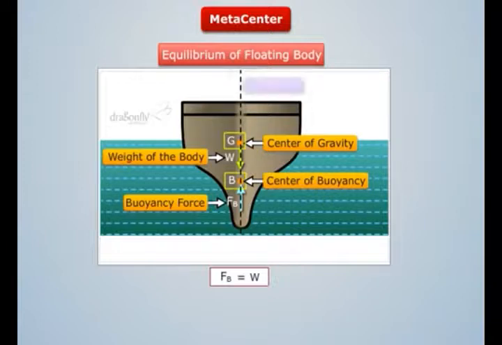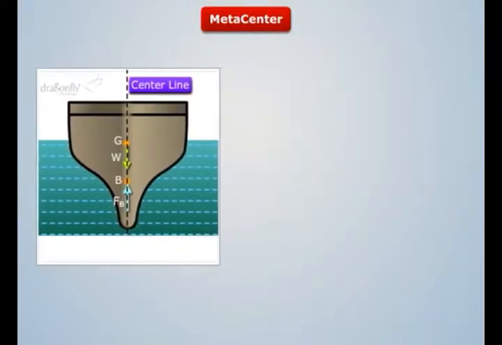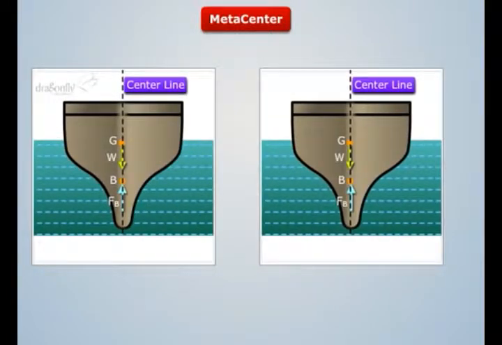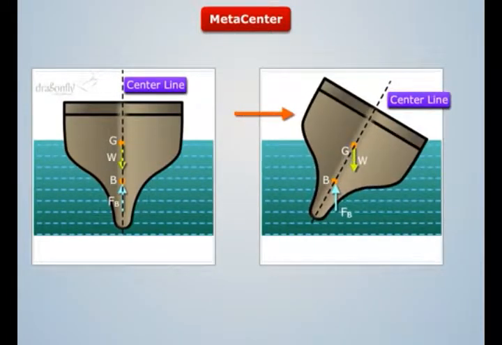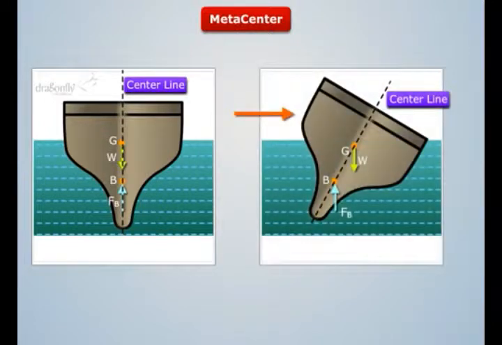Now, if a body undergoes an angular displacement, say in the rightward direction, then we see that the volume displaced is larger on the right side. Thus, the center of buoyancy shifts towards the right from B to B prime, and a couple is formed which tries to rotate the body.